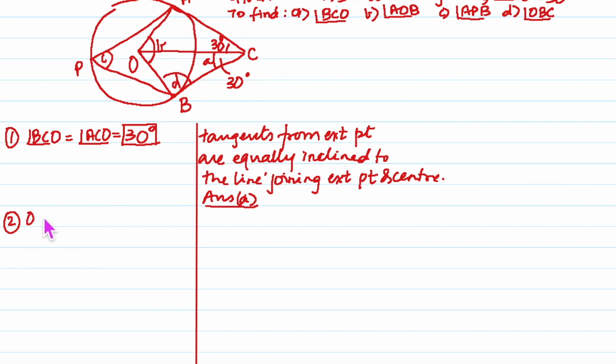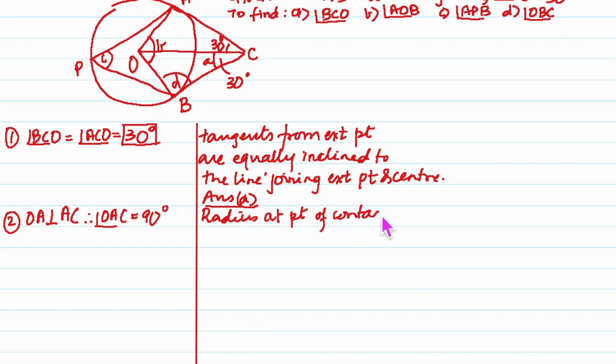So we will say OA is perpendicular to AC. Therefore, angle OAC equals 90 degrees. And what will you say? That the radius at the point of contact is perpendicular to the tangent.